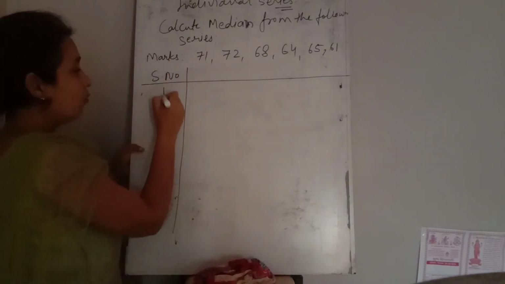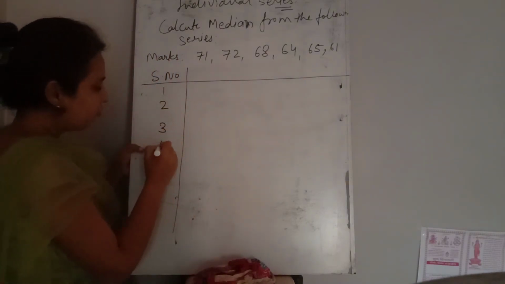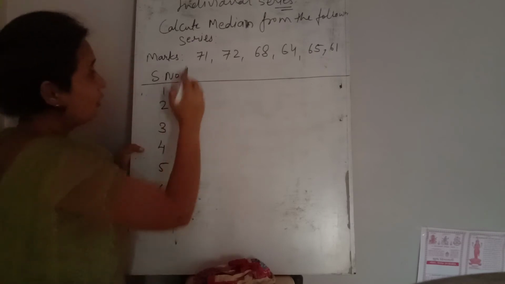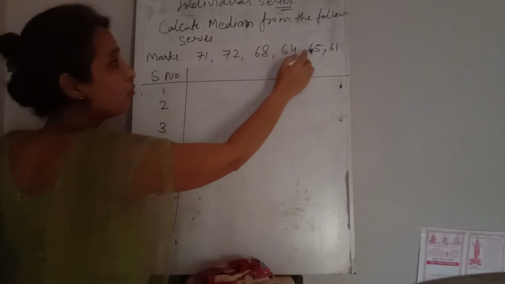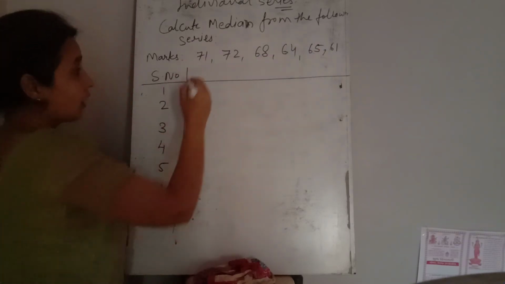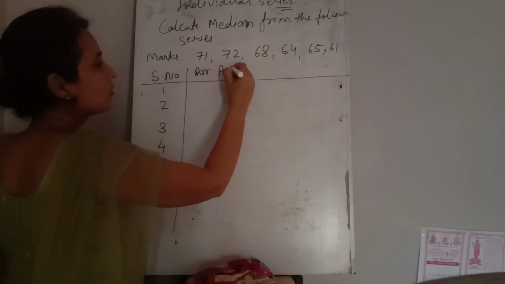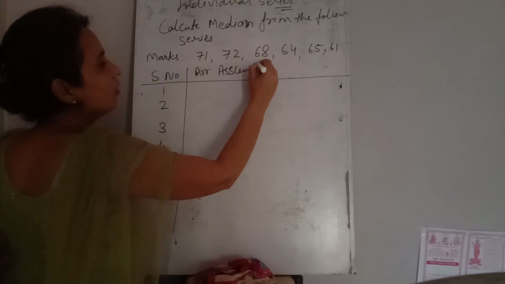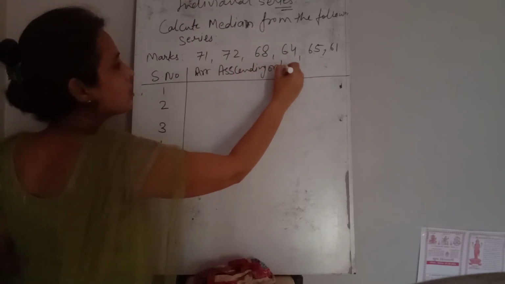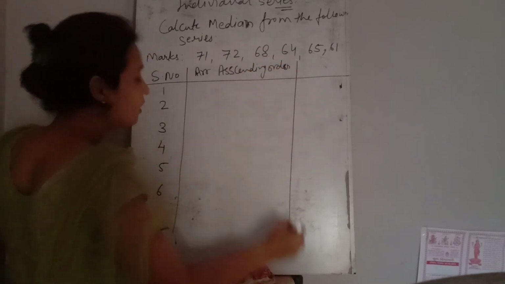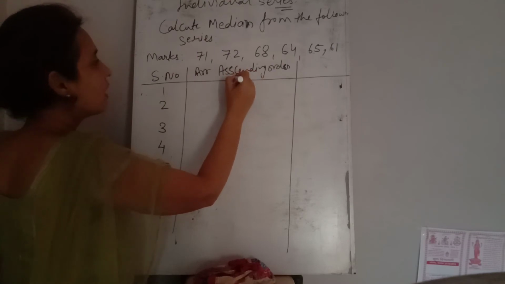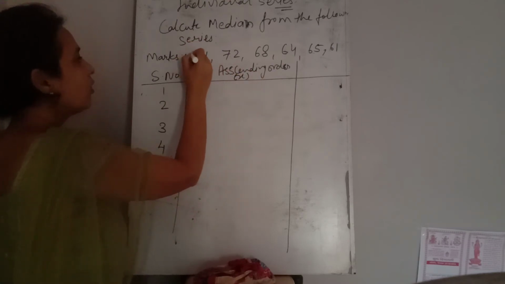Clear? Now 1, 2, 3, 4, 5, 6. Again arrange into ascending order. Marks are the values.